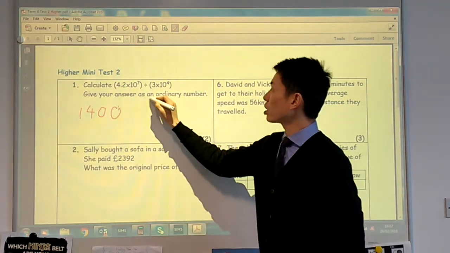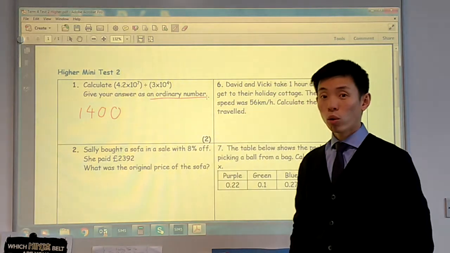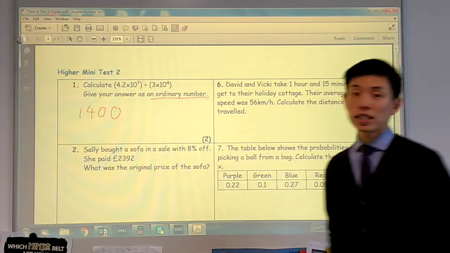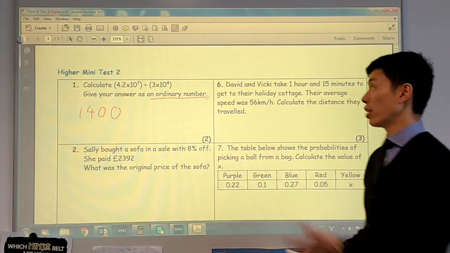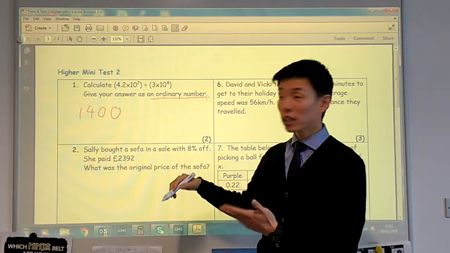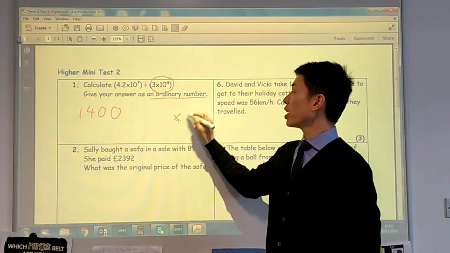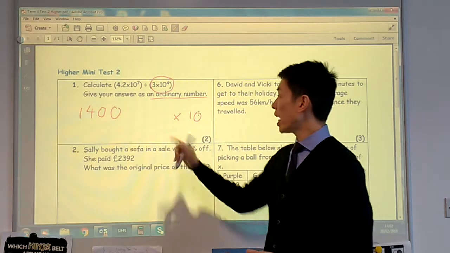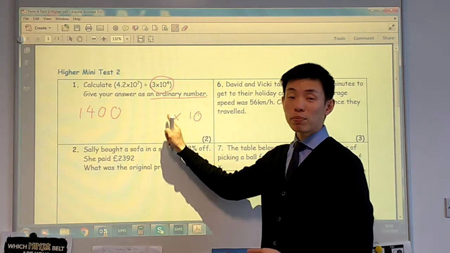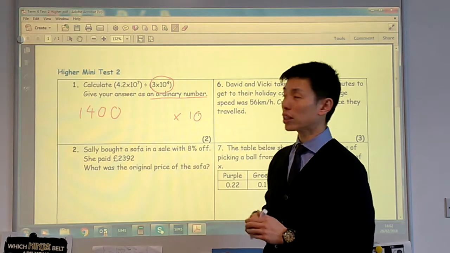However, just double check what they want us to do. They want us to write this as an ordinary number, and this is an ordinary number. Now, if next week they ask you to write this answer in standard form, make sure it looks like something times 10 to the power of, and whatever that number is, it must be between 1 and 10, but not including 10.